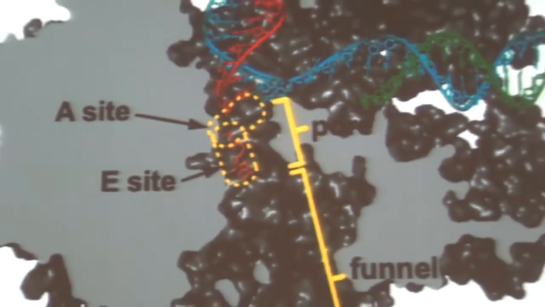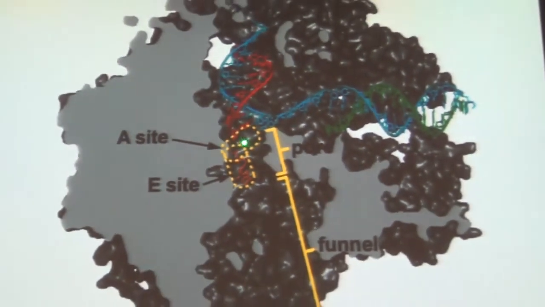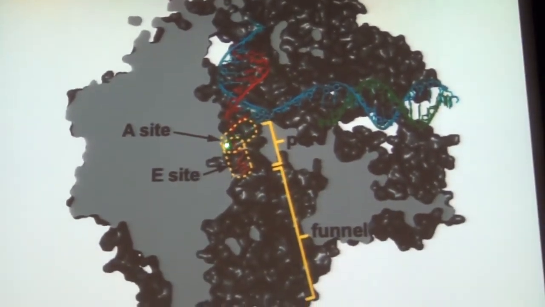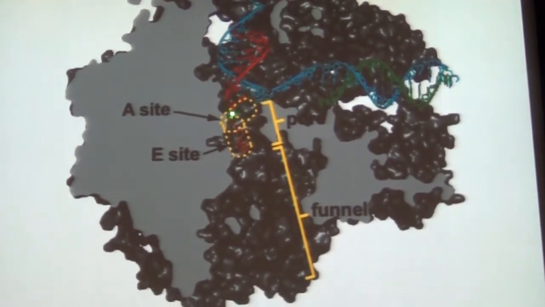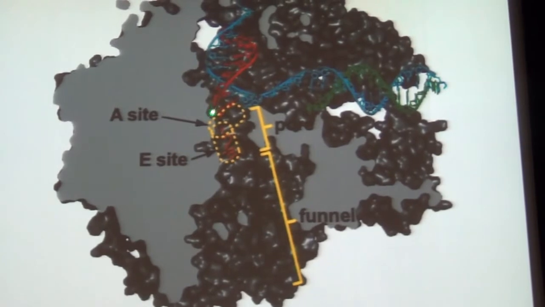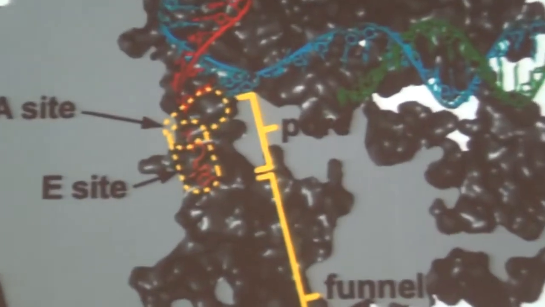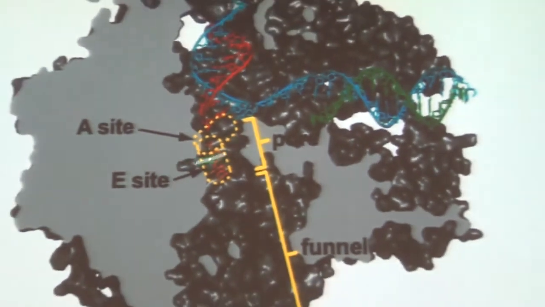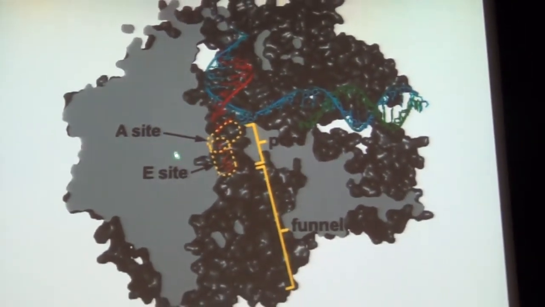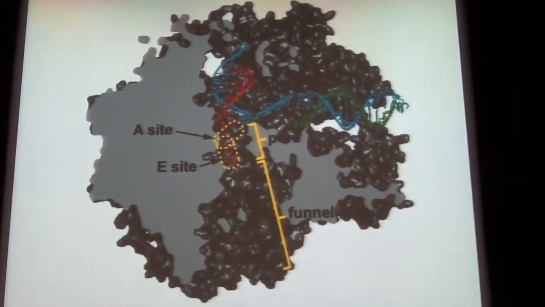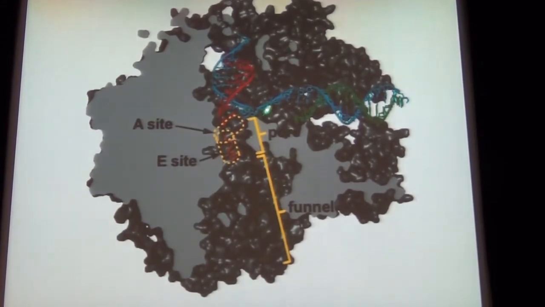And now I will show you a structure with such a correctly matched nucleotide bound in the active site prior to its addition to the growing RNA chain. In this next slide, and several that follow, we omit almost all of the protein and zoom in, as it were, on the region around the active center.